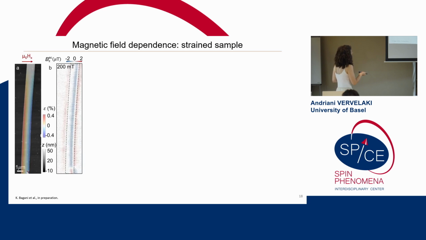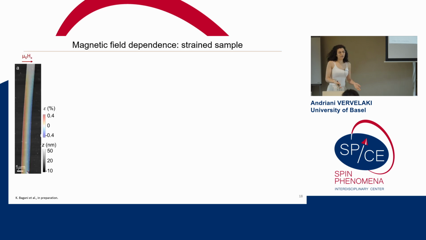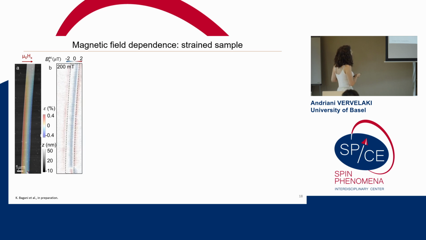And now what we actually want to say is, this strain is not enough to introduce a phase transition. However, what happens when we start applying a field? Here I have overlapped the MFM image with strain gradients to be able to map the regions with different strain.